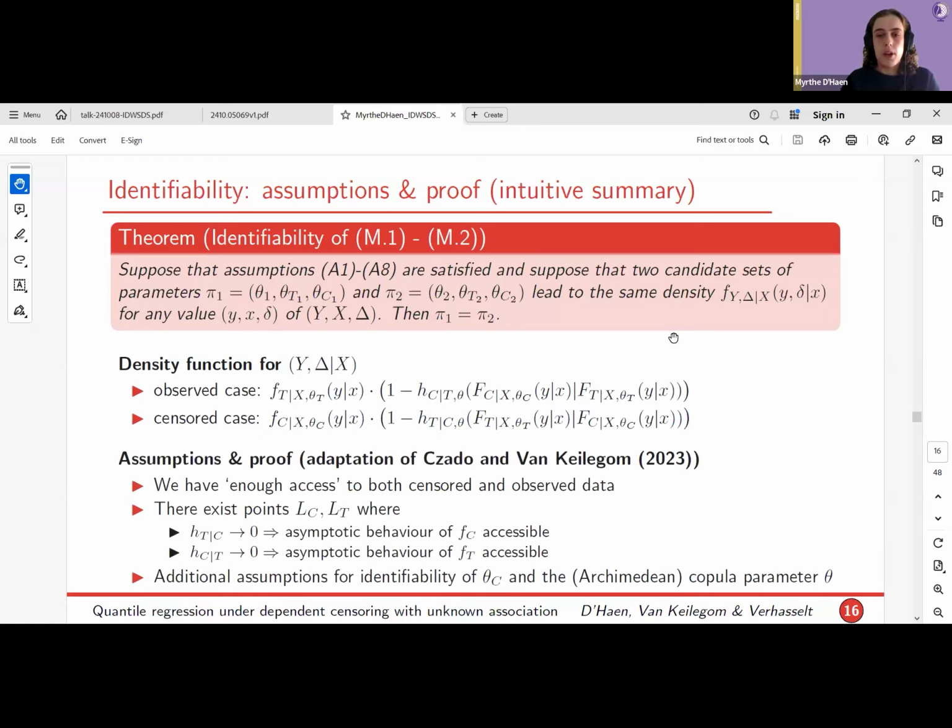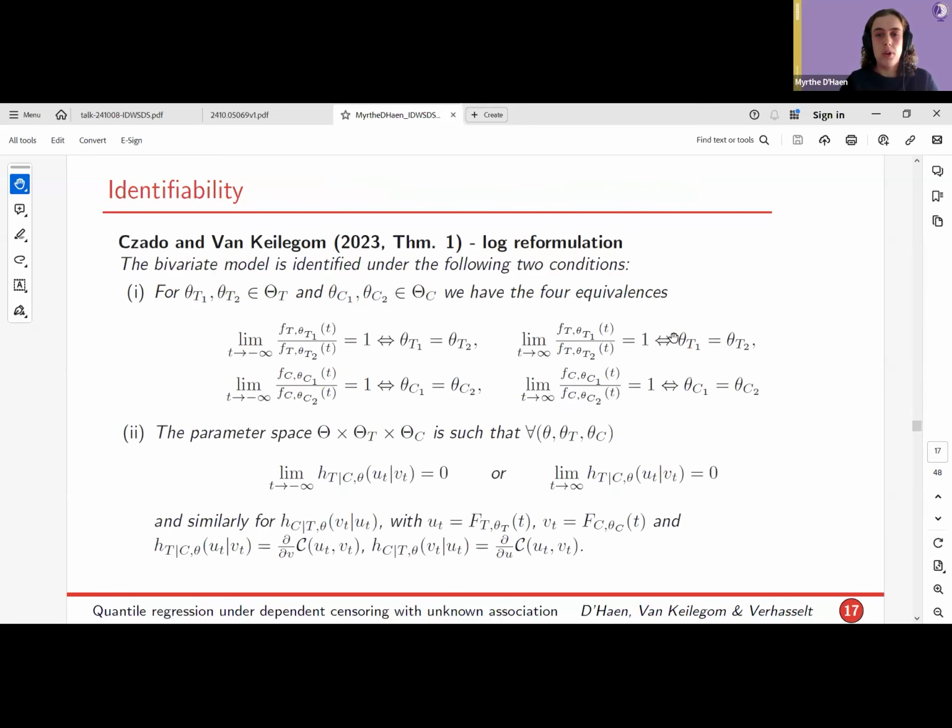So as you may remember from the last talk, we had these two conditions that had to be satisfied in order for the model to be identifiable. And one of them was this asymptotic identifiability of the margins. So knowing only the behavior at the endpoints of the support, we should be able to identify the margins.